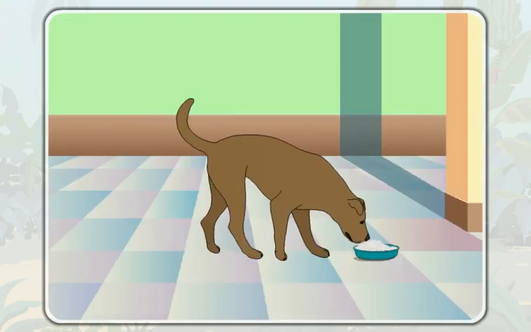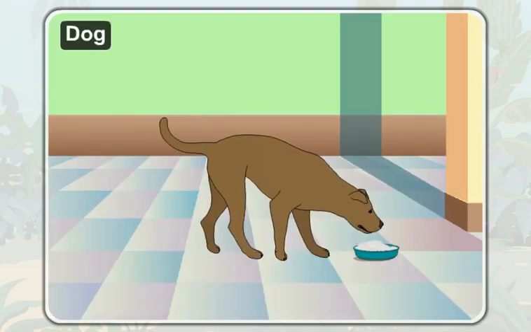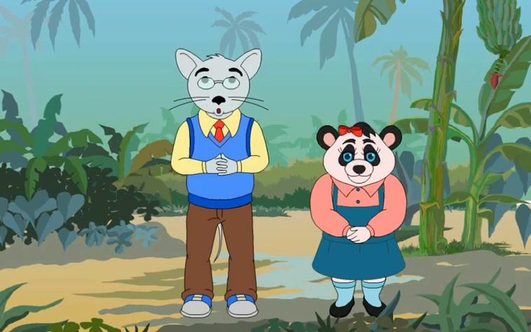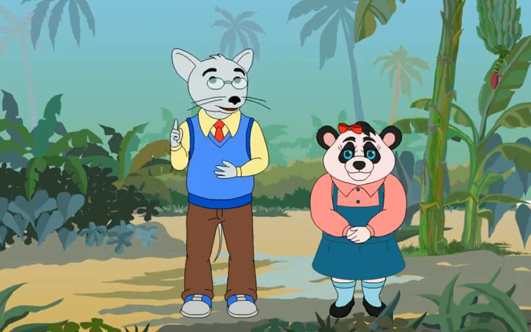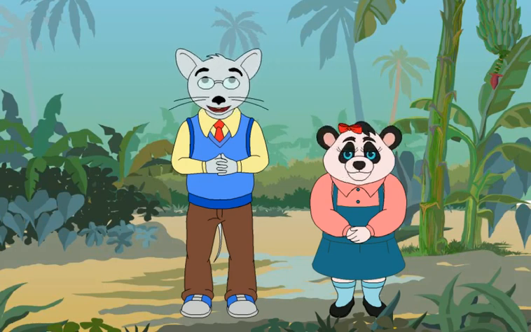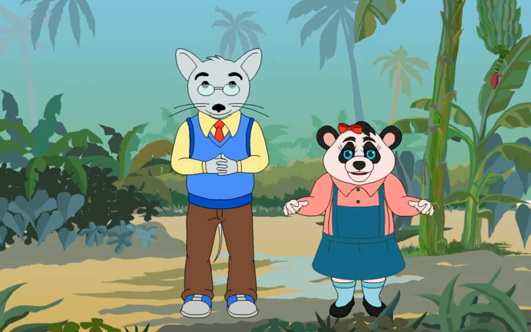Students, you all know that a dog is a living thing and it eats food. Now, let us suppose that it does not eat anything. Do you think the dog will still be alive for the whole of its lifespan? No, it won't.